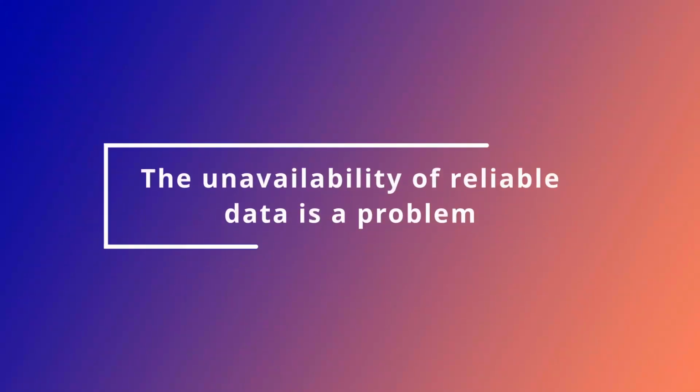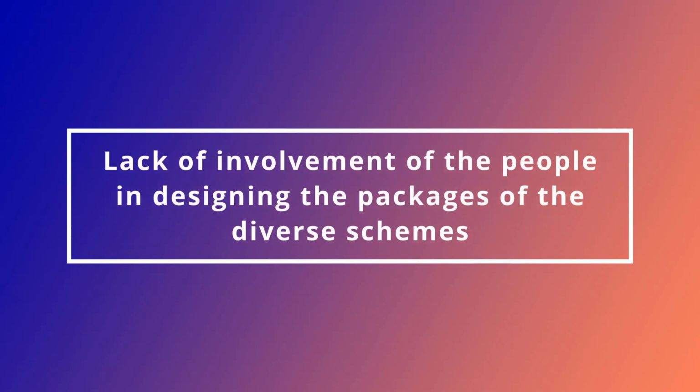As we have said earlier, we don't have adequate and reliable data for the unorganized sectors. If we don't know where they are working and what their working conditions are, then we will not focus on social security measures. So absence of reliable data is a problem. There is also a lack of involvement of the people in designing the package of diverse schemes.